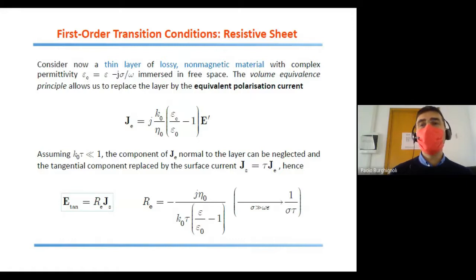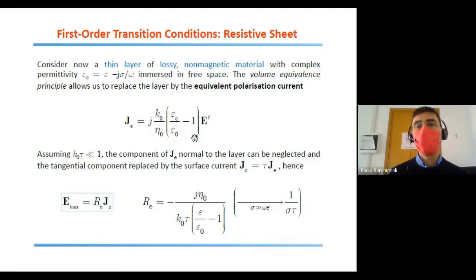Now, in this case, we can resort to the volume equivalence principle, which allows us to replace this layer by a layer of an equivalent electric polarization current, JE, where E stands for equivalent, which is proportional to the electric field inside the medium, E prime, and the coefficient of proportionality, apart from those constants K0 and eta 0, is basically the dielectric contrast of the two media, so the ratio between the permittivities minus 1.